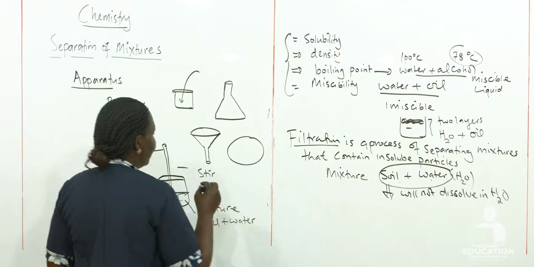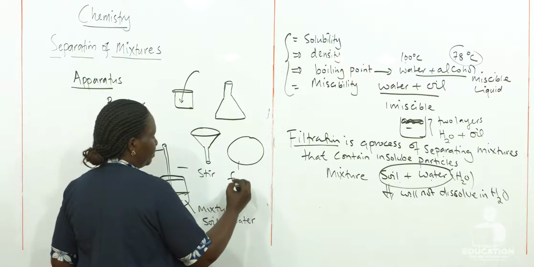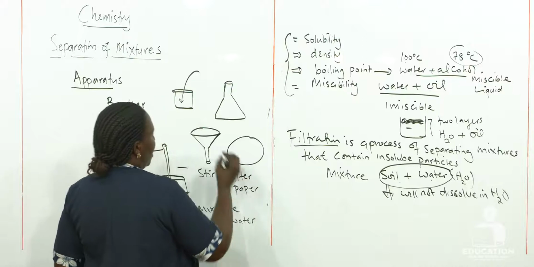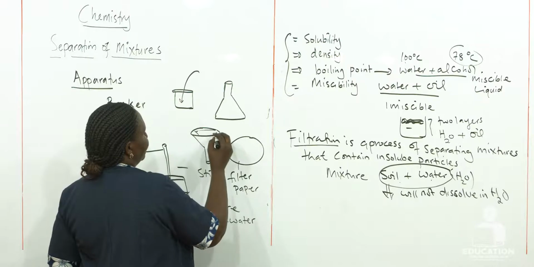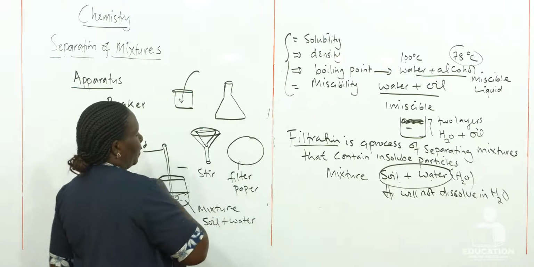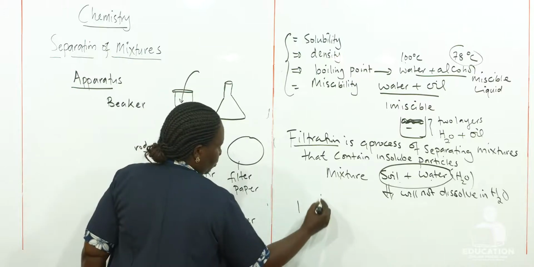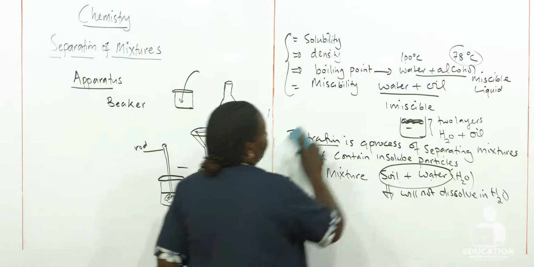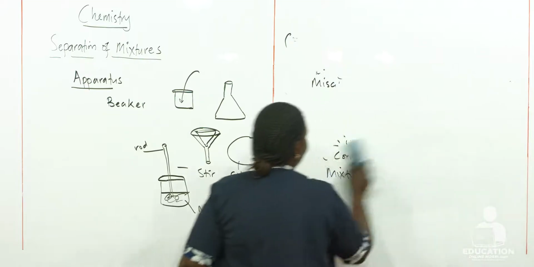Then after stirring the mixture, we fold our filter paper and then we place the filter paper where the funnel is, to the size of the funnel. After stirring the mixture, we use now the conical flask.